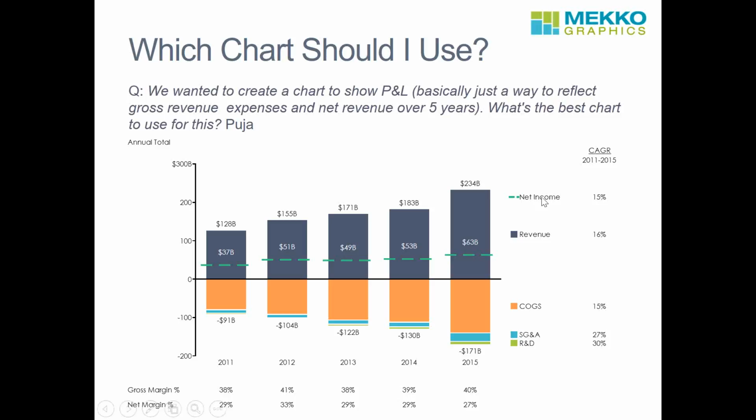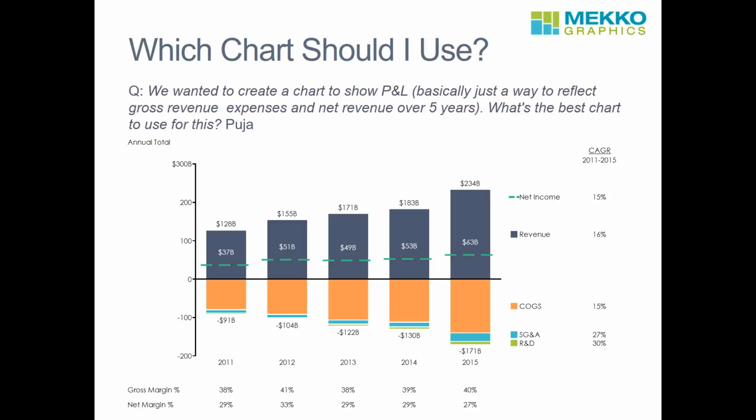The other thing that we did here was we showed the labels as a legend, and we use a Meco Graphics feature to align the legend to the CAGR column so that it's pretty easy to see the CAGR and to see what it corresponds to in the chart.